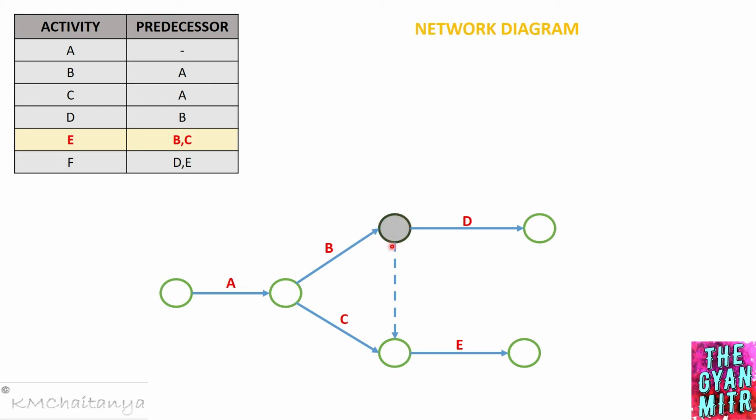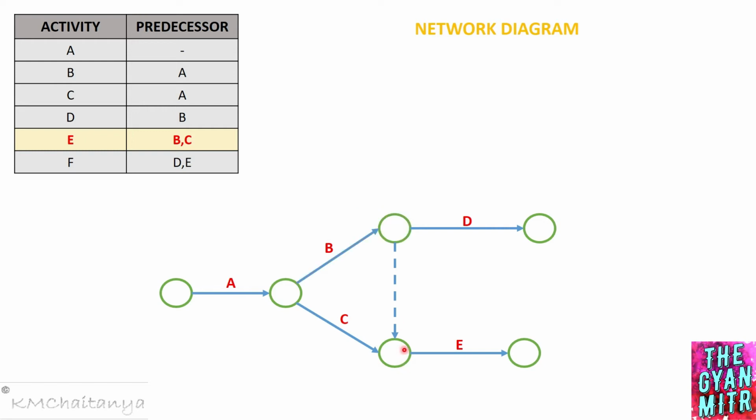At this highlighted node, we only have one incoming activity, which is activity B. So what does this indicate? The dependency at this node is only activity B.